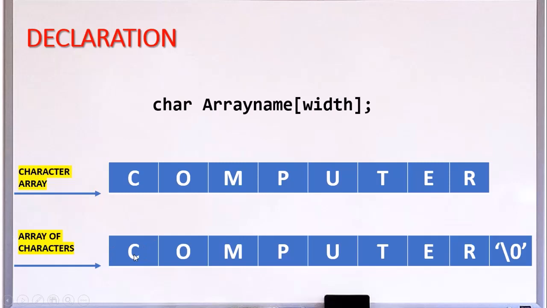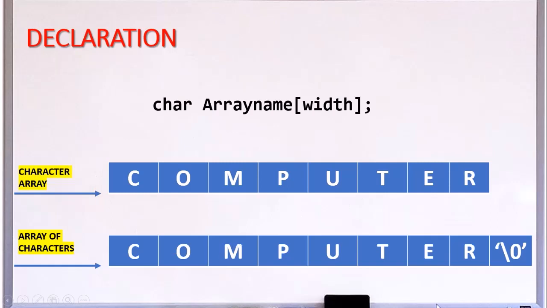So you have to remember this point while working with strings or arrays of characters. Whenever you declare them or input them, it will automatically terminate with \0, because there are many more operations which we have to do with strings or arrays of characters. That's why \0 is required.